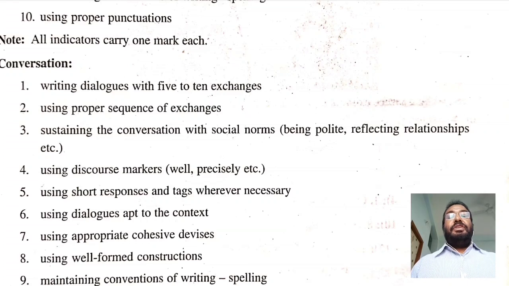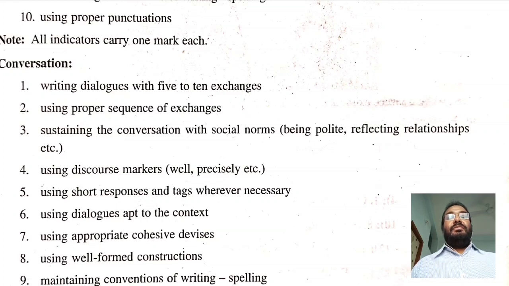Even though the screen shows 5 to 10 exchanges, as a major discourse you have to write 10 to 15 exchanges, I would say. Then the second one is that there should also be a sequence of exchanges. What one says, the other one should speak related to that only. Otherwise, there will not be any meaning at all.